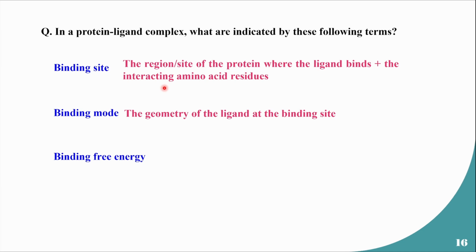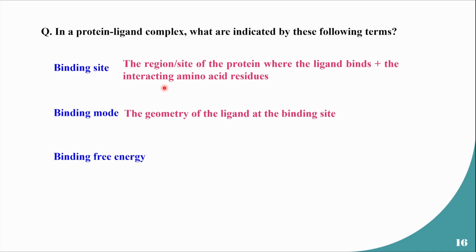So there will be some difference in angles, torsions, and so on, which means slightly different conformations, right? So these different conformational deviations describe what particular geometry or conformation the ligand is attaining while it is present at the binding site.